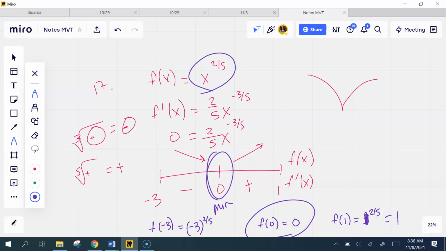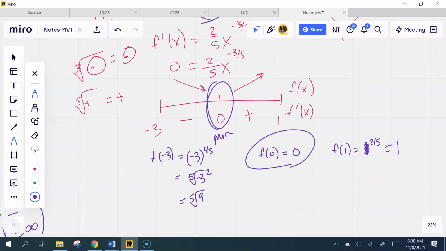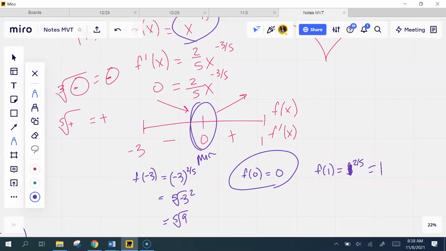That top number's even, so it's always going to be positive. Something times itself 5 times gives you that value. So my question would be, which one's bigger, 1 or the 5th root of 9? I'm going 1.